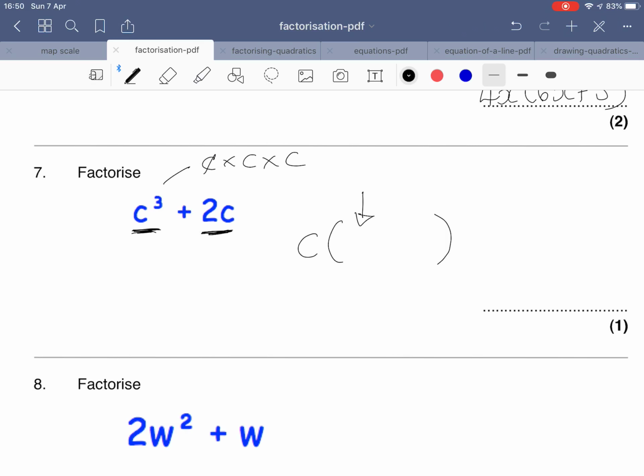Now if I've already got the 1, I need the c times c left, which is c squared. Now for this gap, c times what is 2c, so I need the 2, and plus, so I put a plus. So this one is c(c squared plus 2).